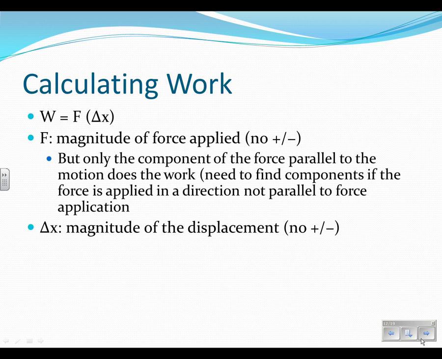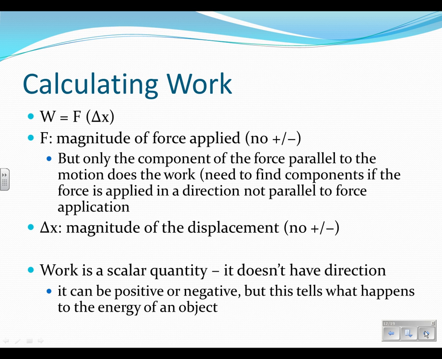So the person catching the ball from the previous pictures is doing work, but is doing negative work. How would you have to apply the force in order to do negative work? How do you have to apply a force to slow something down in relation to its motion? You have to apply your force in the opposite direction. Okay? Is that good there?